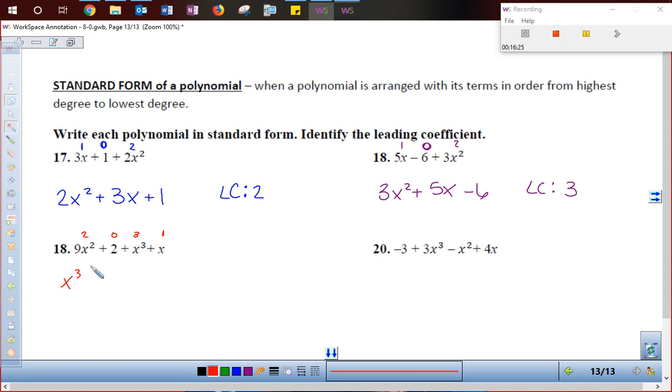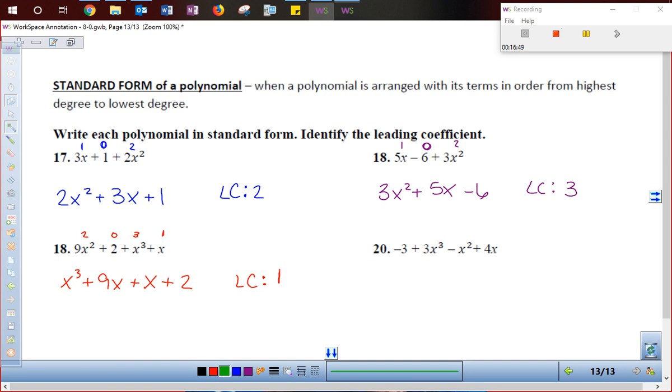Then degree 2 goes second, so plus 9x squared, degree 1 plus x, degree 0 plus 2. Now the leading coefficient is the coefficient in front of my first term. Well, here's my first term, and as you can see, it doesn't look like there's a coefficient there. But remember, when there's not a number there, it really means that it's a 1.